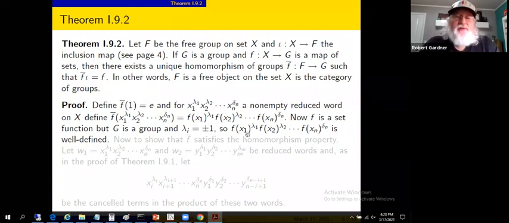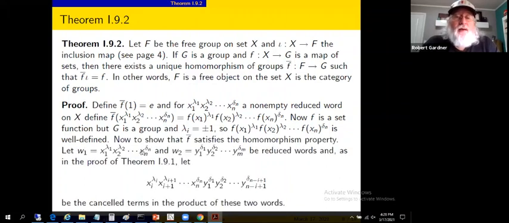It means inverse elements because we're mapping into a group G. Okay, we want to show F bar satisfies the homomorphism property, and we also need F bar to satisfy this composition property. So let W1 and W2 be reduced words.